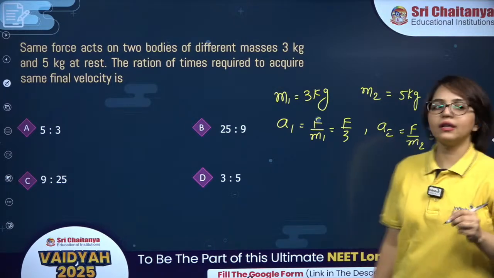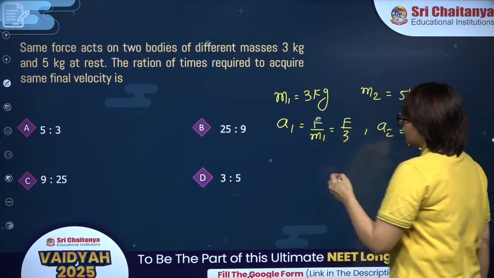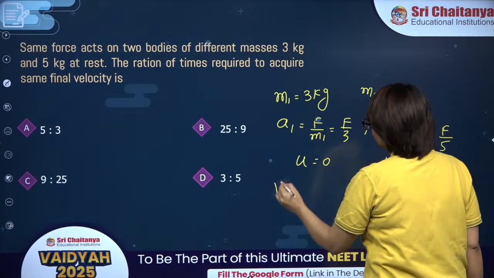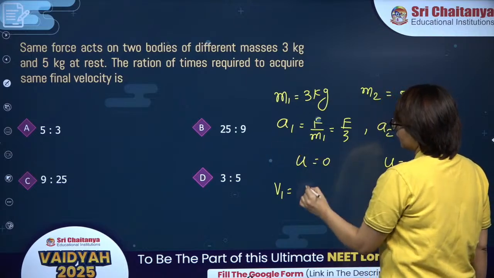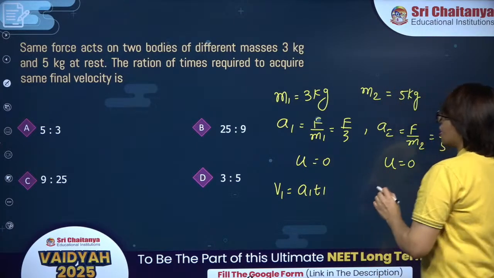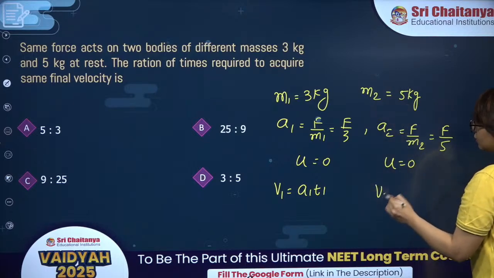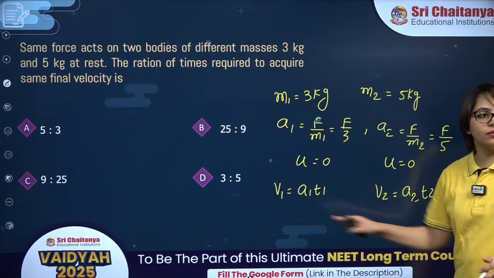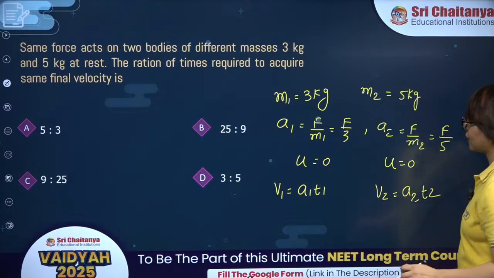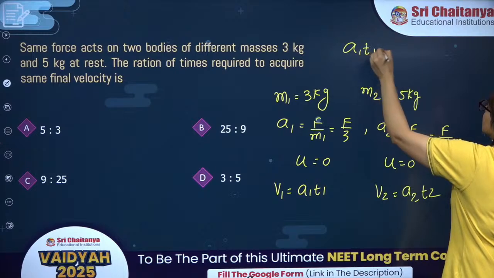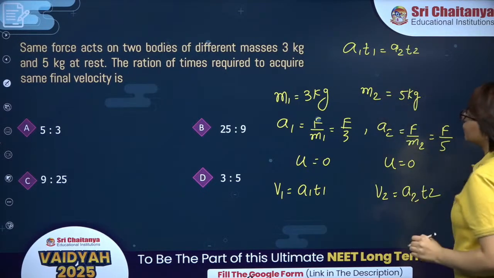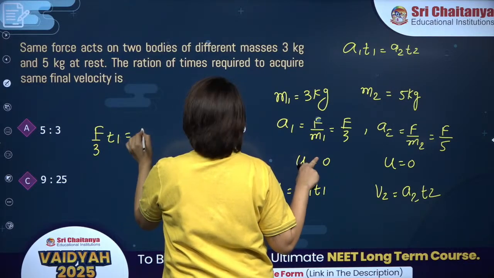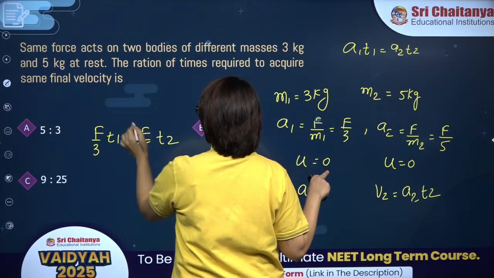Velocity after time t is V equal to U plus AT, and U is 0, so V1 is A1 T1 and V2 is A2 T2. It is given that they have the same final velocity, so A1 T1 should equal A2 T2. A1 is F by 3 and A2 is F by 5, and the F's cancel.